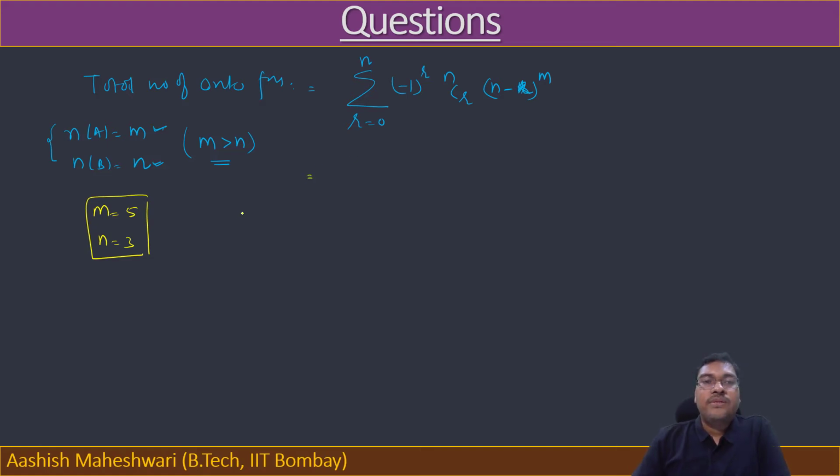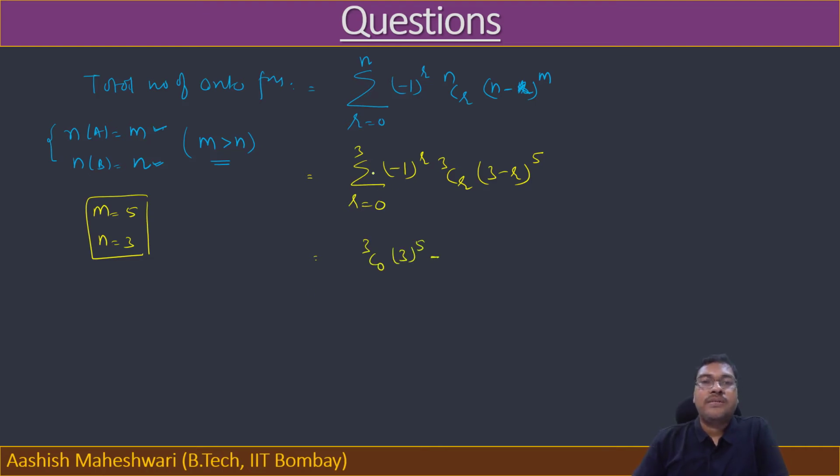Now if I put all these values, r is equal to 0 to 3, minus 1 raised to r, 3Cr, 3 minus r raised to 5. Substituting r equal to 0, this is minus 1 raised to 0, that is 1, 3C0, 3 raised to 5.